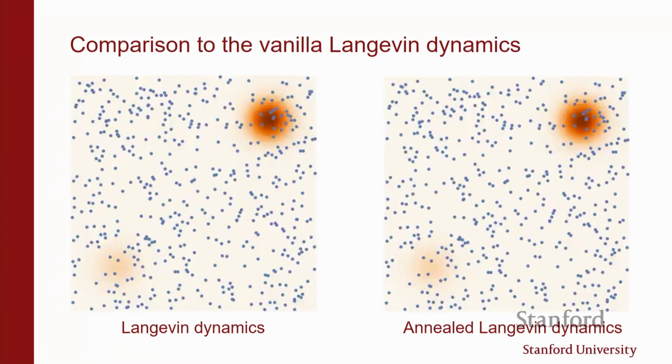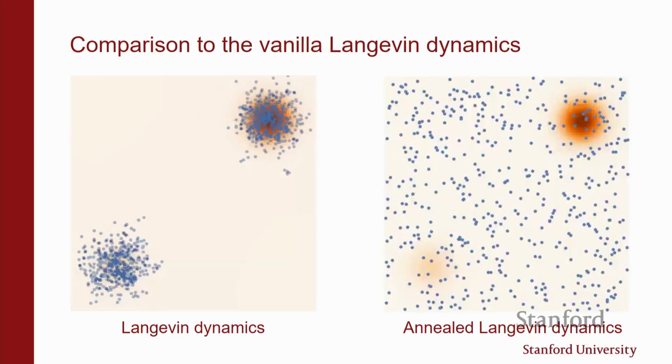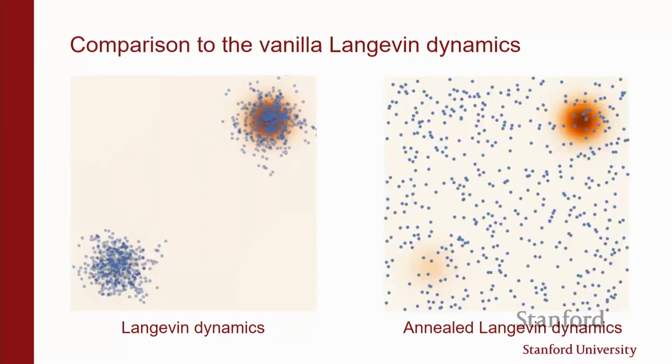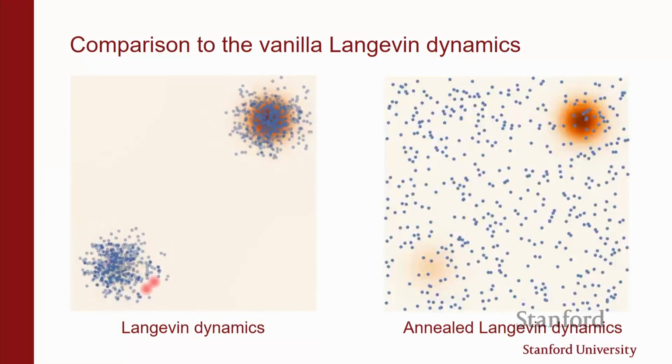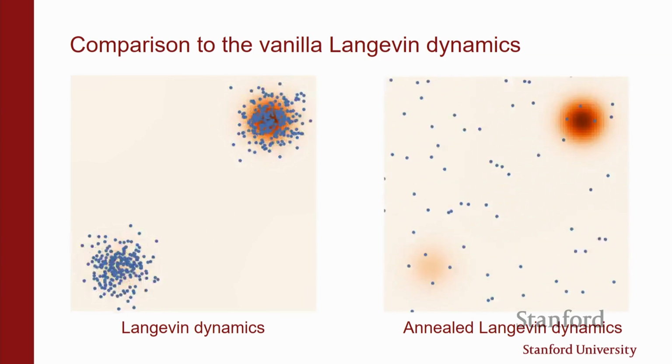And you can see here another example of what happens if you were to just run Langevin dynamics. It has this problem where you're seeing too many particles down here because it doesn't mix sufficiently rapidly. Even though there should be more probability mass up here, meaning that more particles should end up here, there are too many down here, because you're not estimating things accurately.